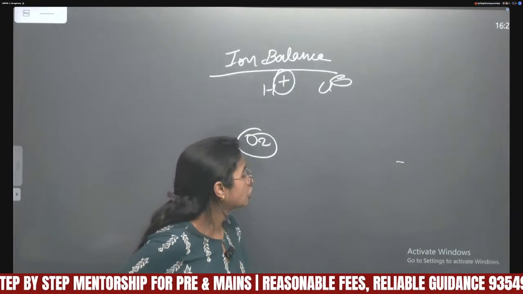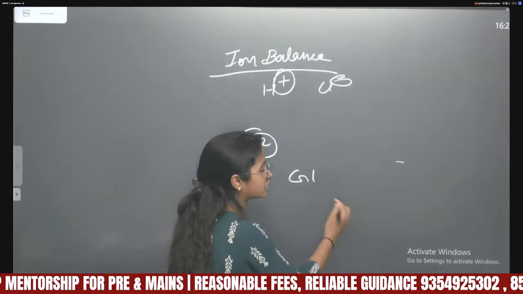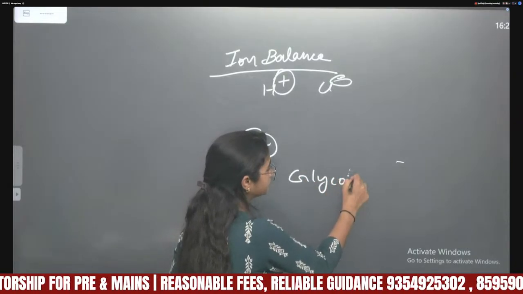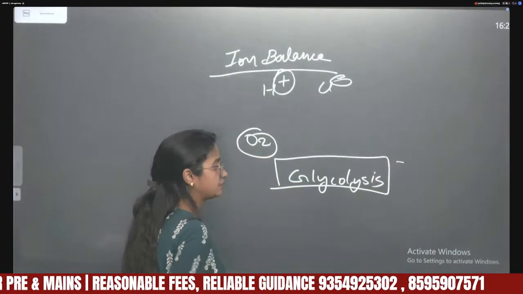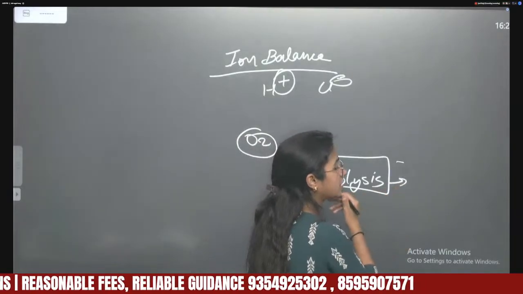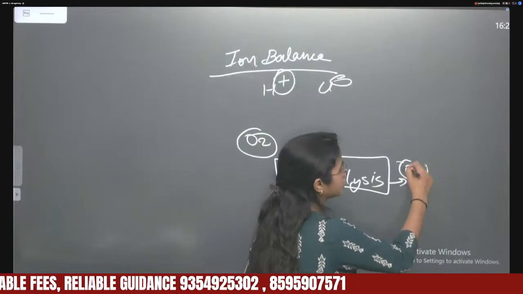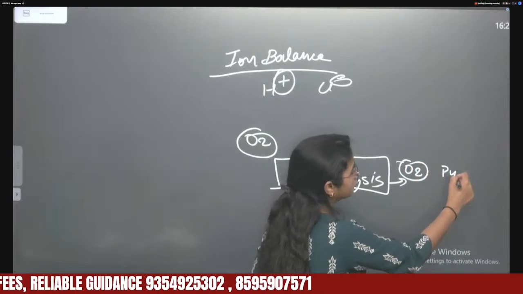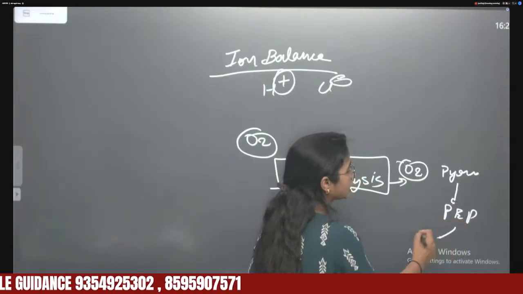If so, we have an increased respiration rate, right? So what is the first step of respiration? Glycolysis. What was happening at the end? We have talked about it: in the presence of oxygen, it forms the pyruvate, then it is converted into PEP, and then it enters the Krebs cycle.